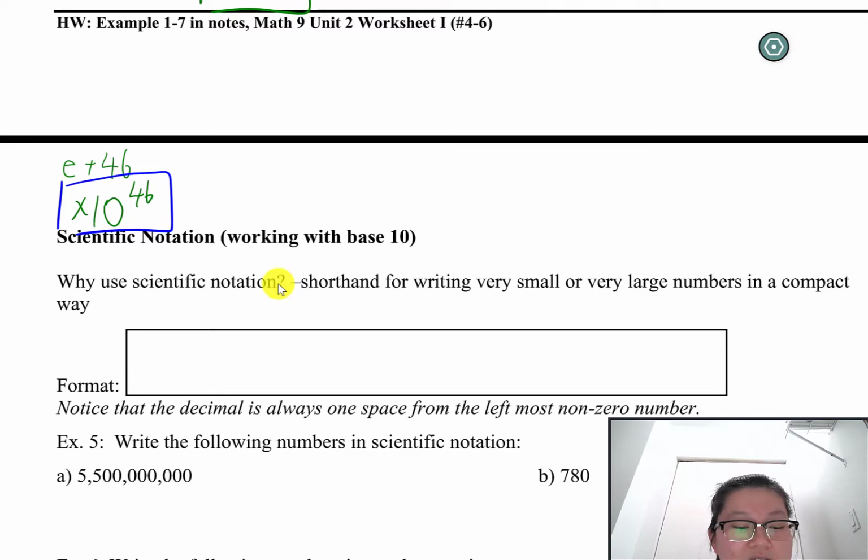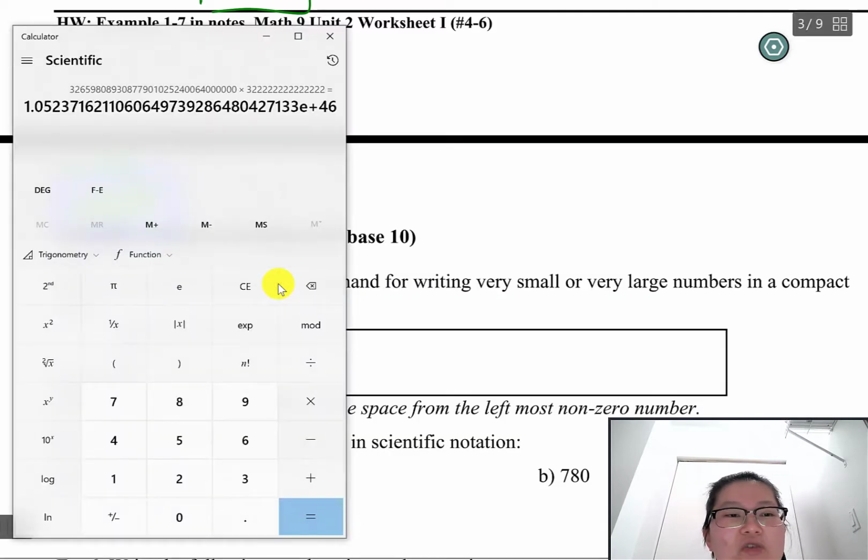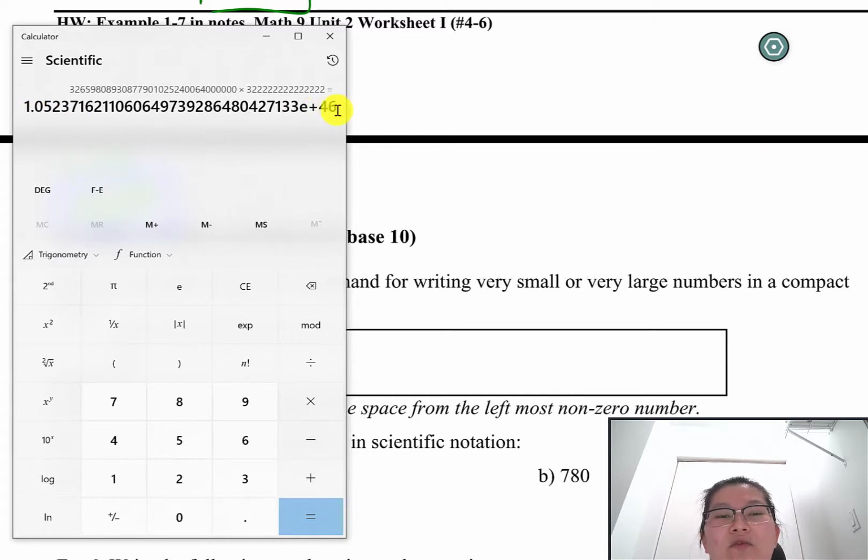And when you see a huge number, notice that on your calculator it has 1, point, and then whatever comes after that decimal. Whenever you see this form on your calculator, E plus 46 or times 10 to the power of whatever, this decimal is always there.